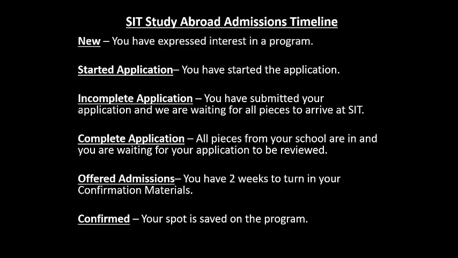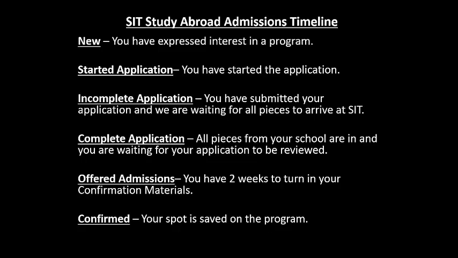Most of you right now, I believe, are at new. If you move on to started application, that means you've given us some basic information. Once you have filled out the application and we are waiting for pieces to arrive at SIT, you've paid the $50 application fee, that's when you're at incomplete application.